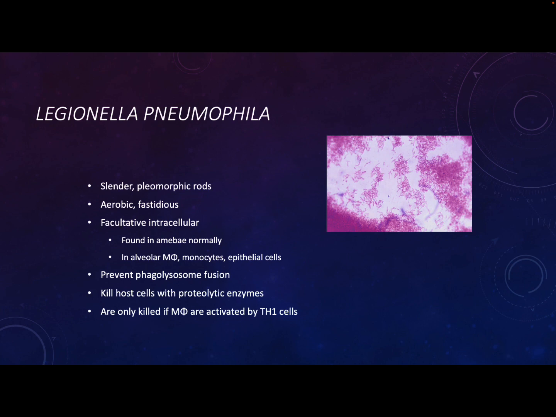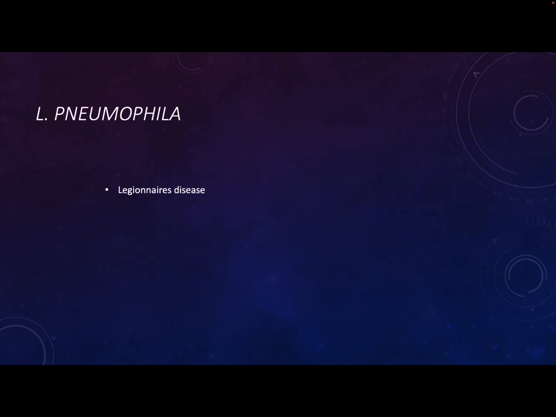So a lot of the other genera, Bartonella, Bordetella, Francisella, Listeria, right? They're all named after people, Escherichia. This is named after a group of old men, the Legionnaires, the American Legion.